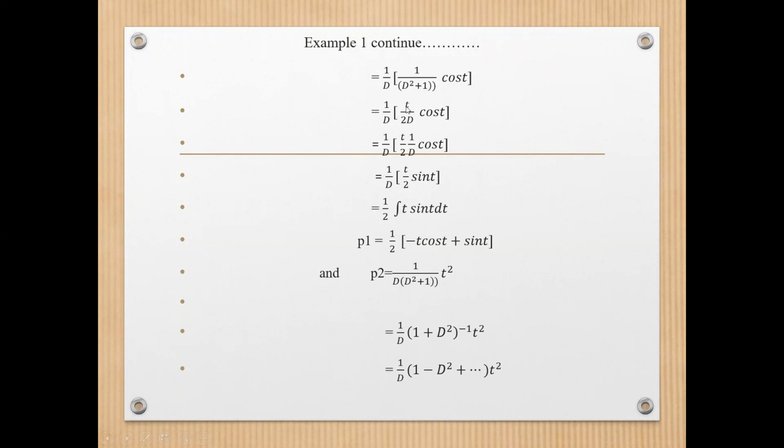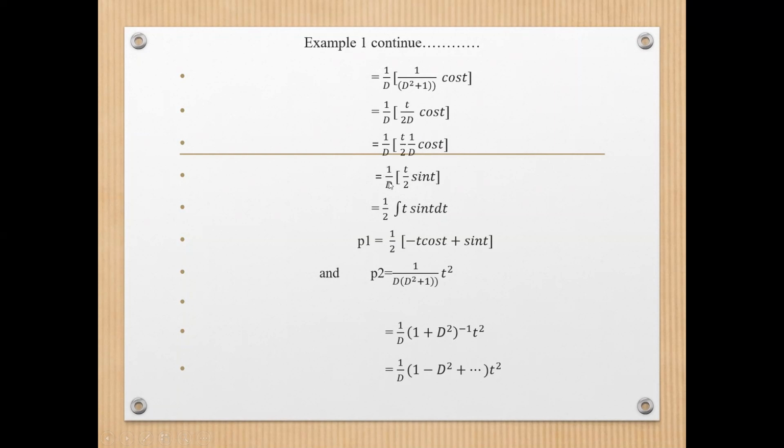Take the derivative of the denominator, D^3 + D, with respect to D, we get the derivative as 3D^2 + 1. Next, 1 upon D, here is t/2, 1 upon D into cos t, 1 upon D is nothing but integration. We have to find the integration of cos t with respect to t, which is nothing but sin t.